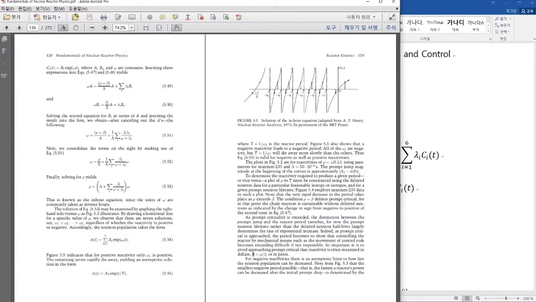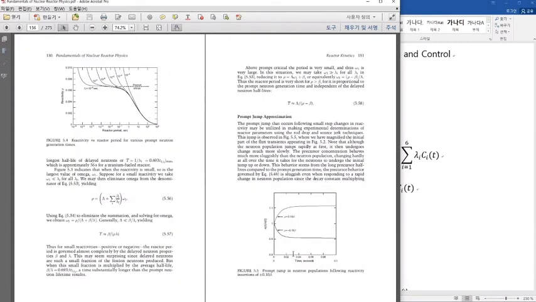If the reactivity is 10% of the beta value, it is called $0.1 or 10 cents. So this dollar or cents unit is also used to describe reactivity.